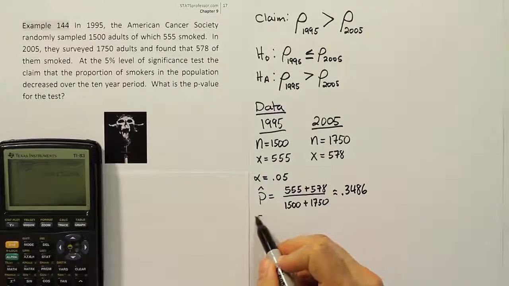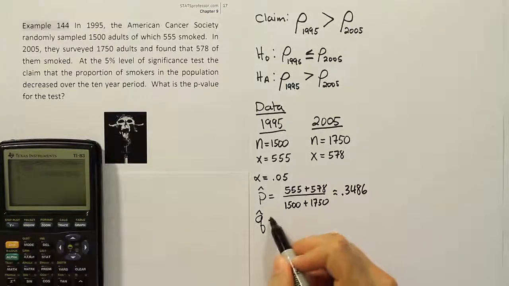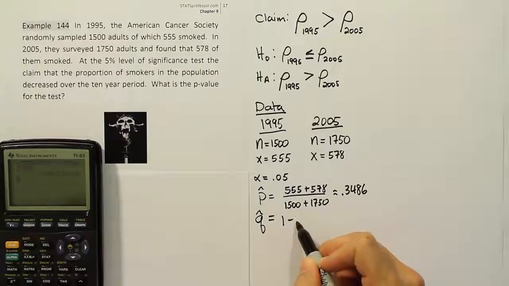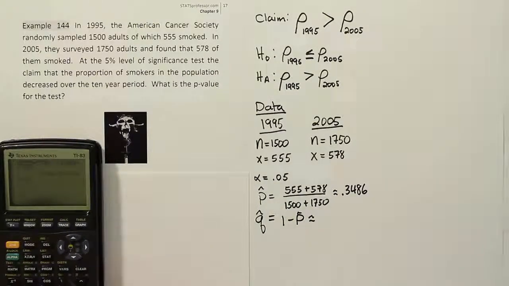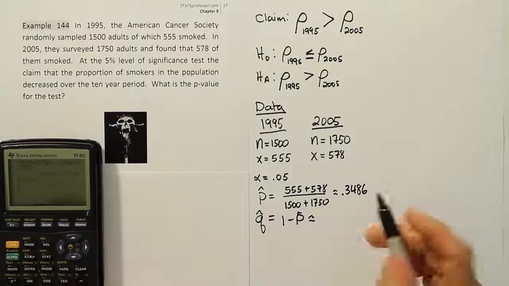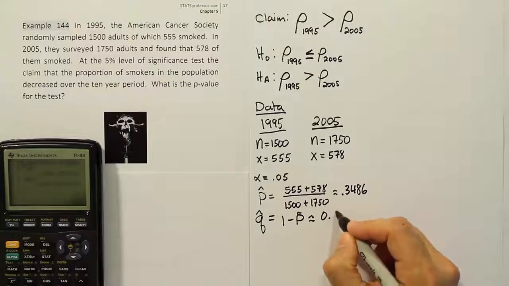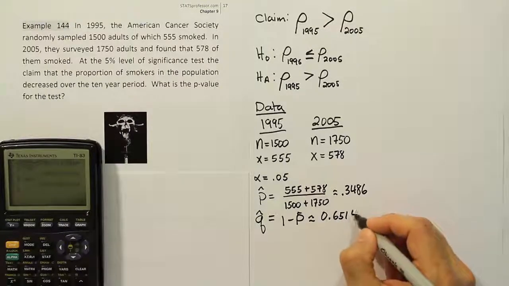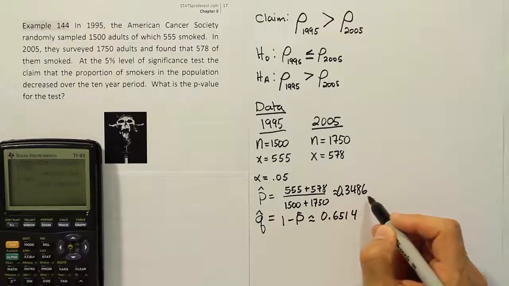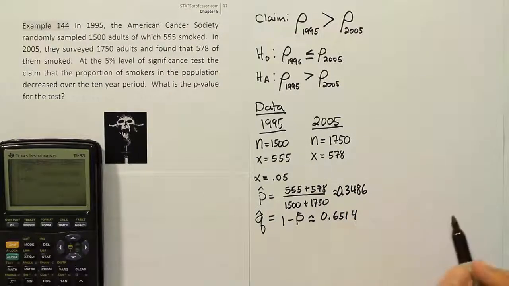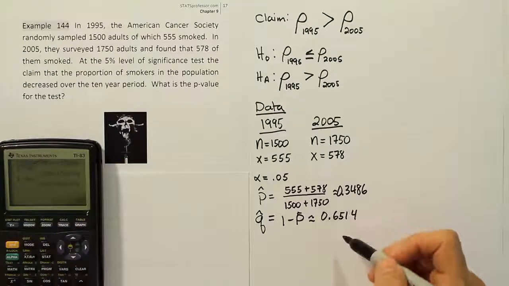To get q-hat, we simply do 1 minus the p-hat that we just found. So 1 minus that value, and we get 0.6514. Those are our p-hat and q-hat: 0.3486 and 0.6514.